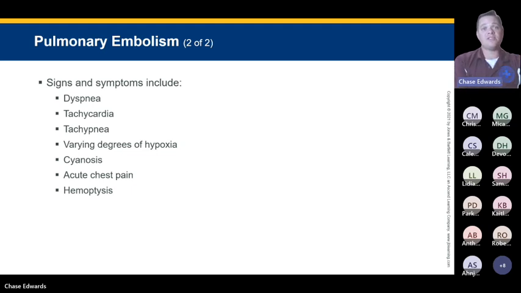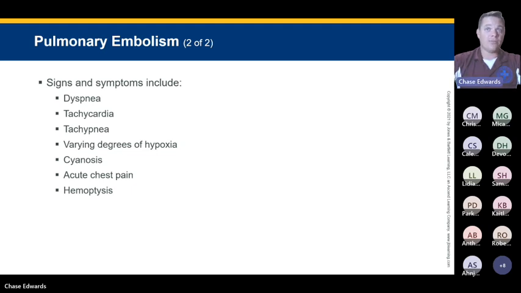A lot of times these patients will be panicked. They know something's wrong, and they will tell you that they have an impending sense of doom. They feel like they're going to die. Listen to those patients, take all of these together, and pay attention.